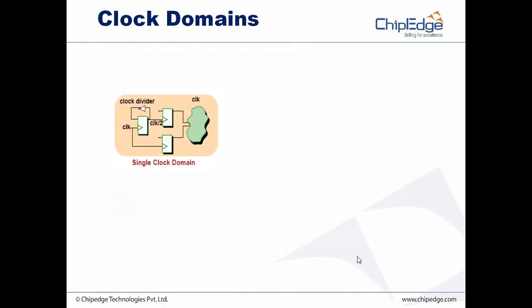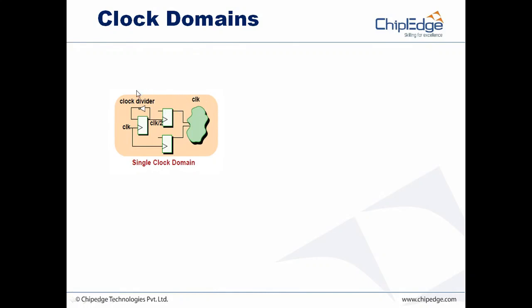The next thing is an example. This particular clock is feeding this register as well as this register. Let's say this is a divide by 2 clock, and it is feeding this particular thing.